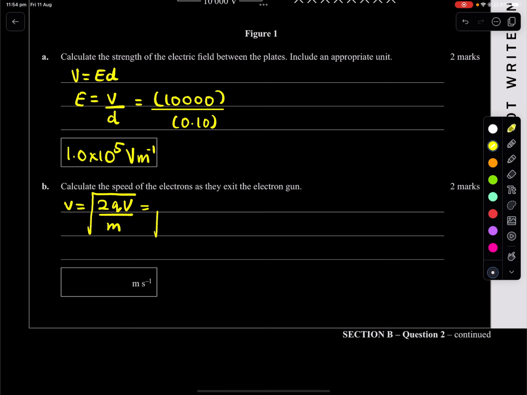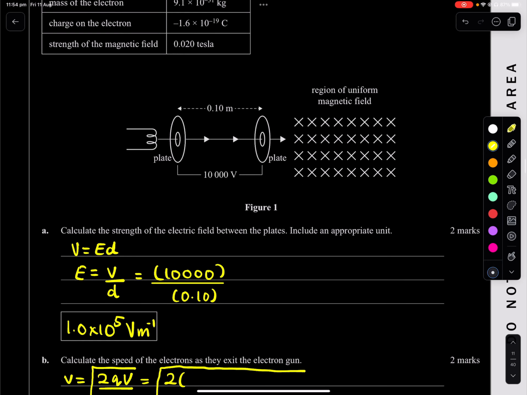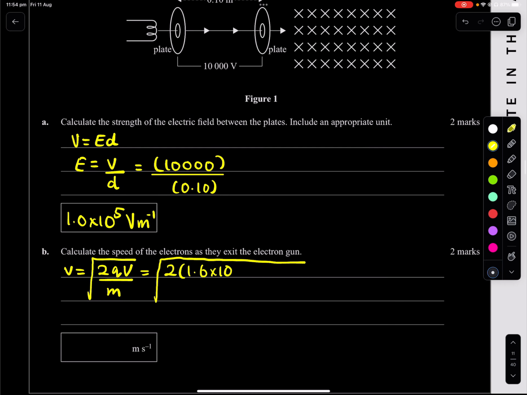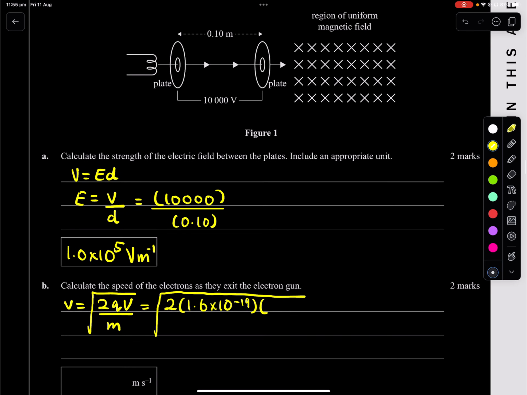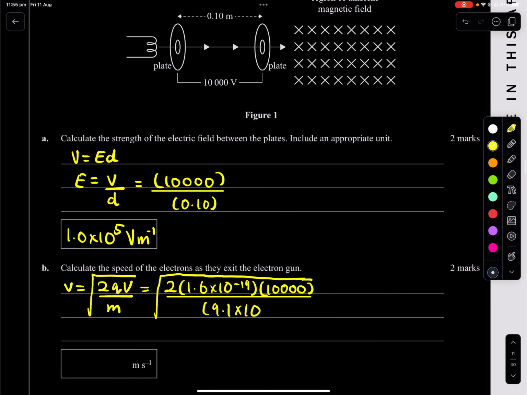Okay, let's write all of the stuff. So 2, what's the charge? The charge of the electron is negative 1.6, so we'll write it as just 1.6 times 10 to the negative 19. Your voltage in this case is 10,000 volts, all over the mass of the electron, which is 9.1 times 10 to the negative 31.